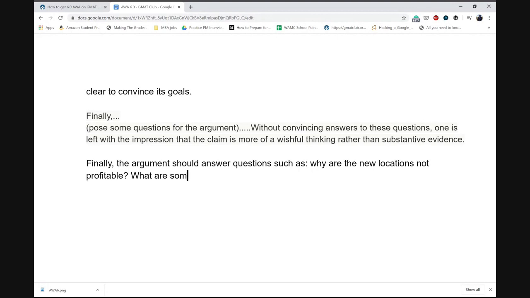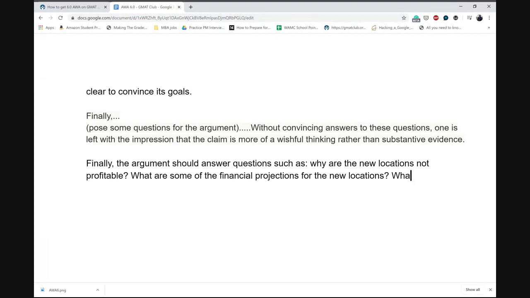What are some of the financial projections for the new locations, right? For example, even though they may not be profitable today, but if they're projected to make a lot of money, then should we close them down? No, we should keep them. We should, in fact, finance them even more so that I get to those numbers earlier in the game, right?